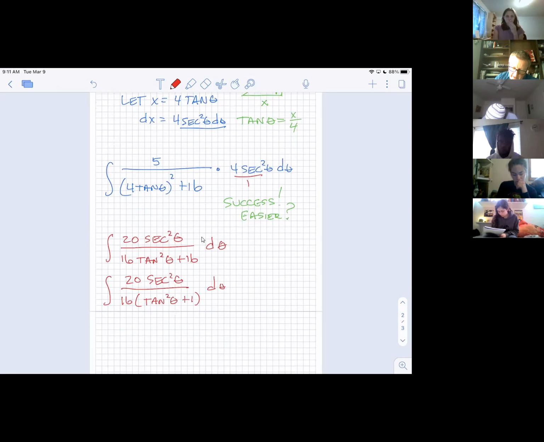Whoa, you might say. I happen to know that 1 plus the tangent squared of theta is equal to the secant squared of theta. Bam, those are gone. Whoa, yeah, I guess it is easier.